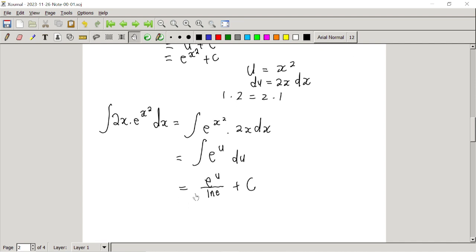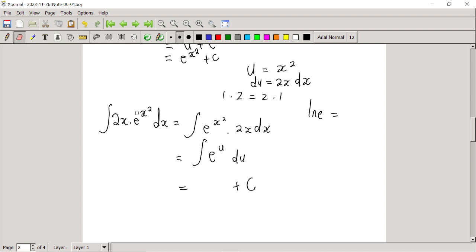That is our solution. And the ln of e is equivalent to 1. So when you integrate this function, you just get the exponential function. Whenever you integrate it, you get it, and when you differentiate it, you get it. This is a special function.